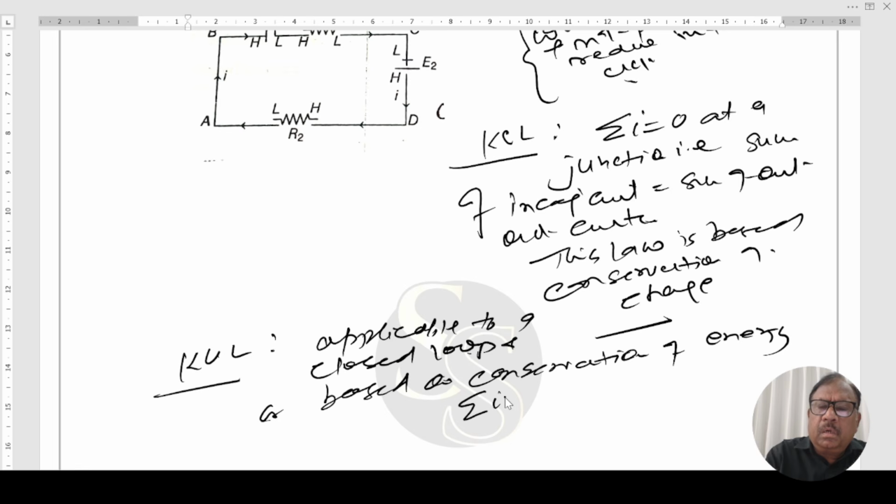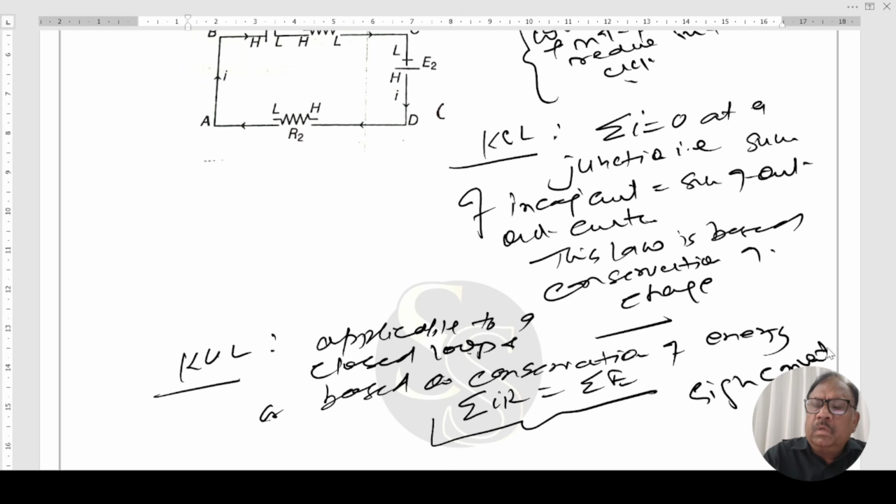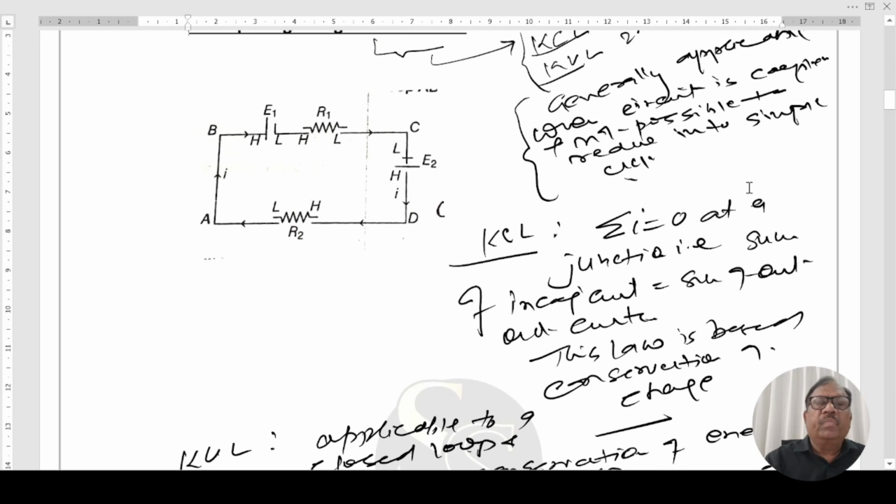Summation IR equal to summation E. We will discuss sign convention also through this step.